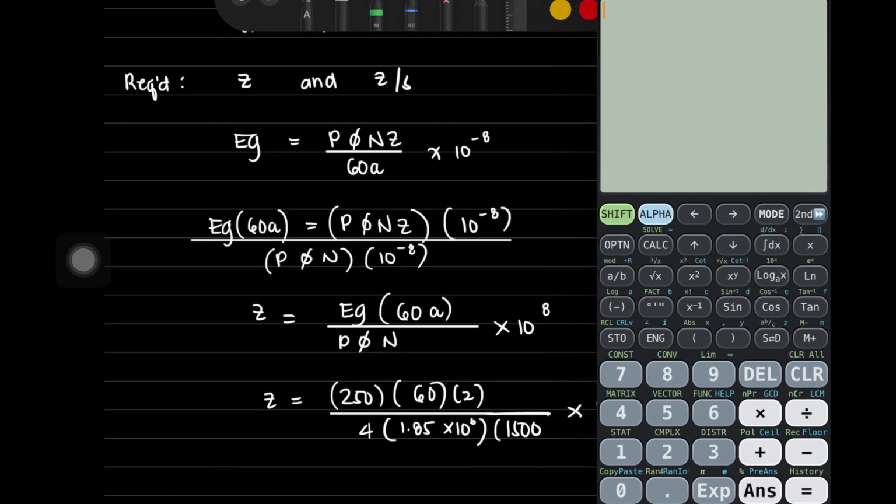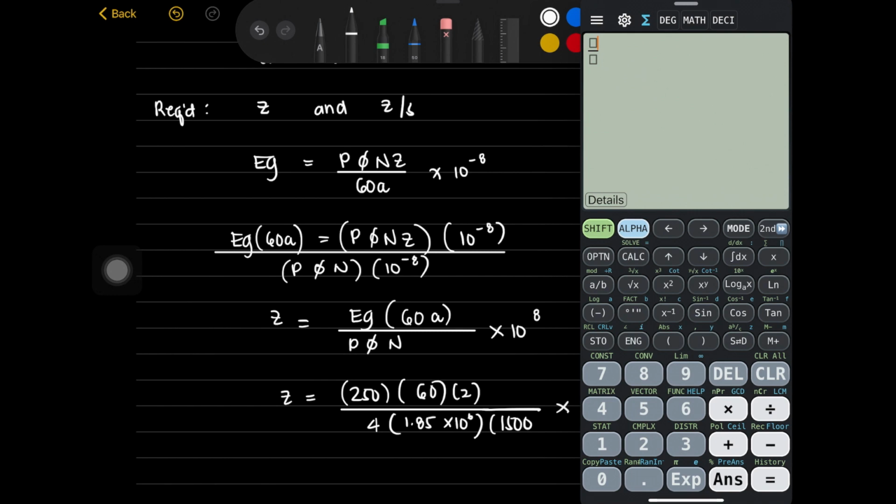So again, if we're going to bring out our calculator here, this would now be 250 times 60 times 2 all over 4 times 1.85 times 10 raised to 6 multiplied by 1,500 times 10 raised to positive 8.